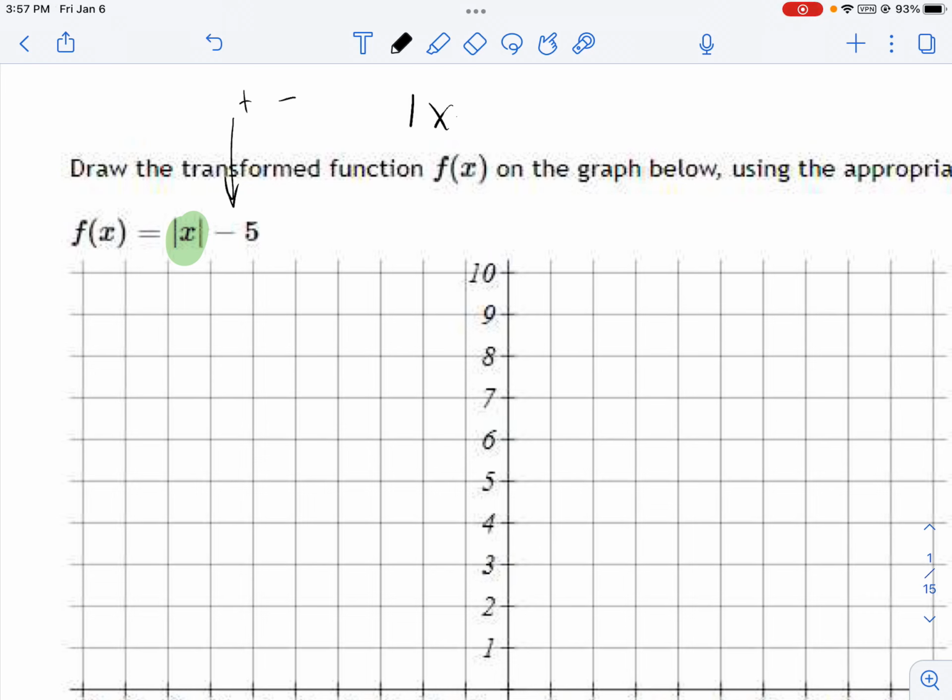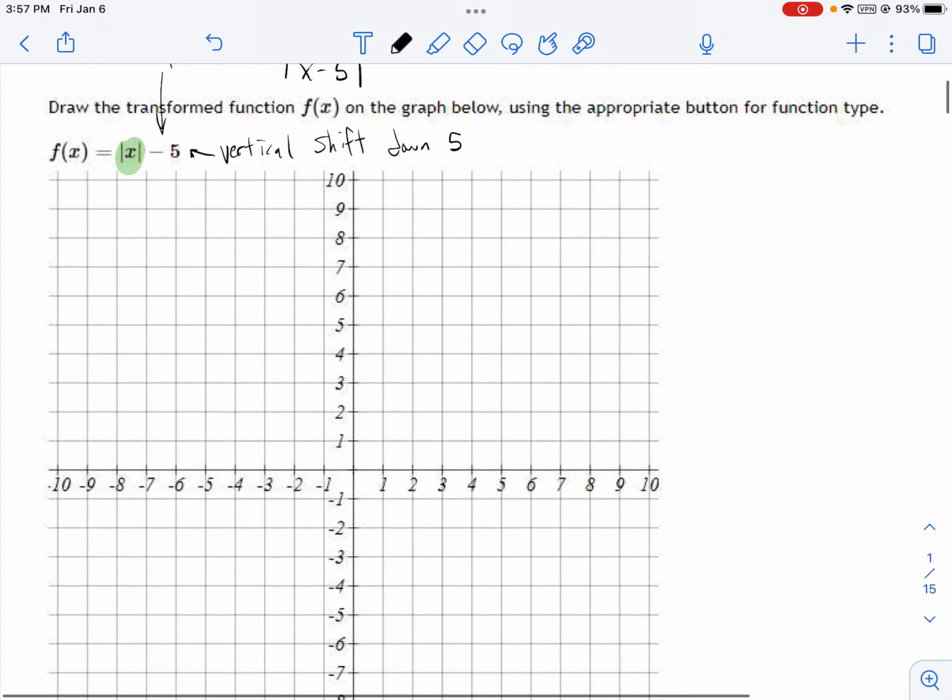Horizontal means it would be inside the absolute value, and because it's not, it's outside of the absolute value, that means this is a vertical shift. For vertical shifts, you do exactly what you see. I see a minus 5, so that means you are going down 5. And that is your vertical shift.